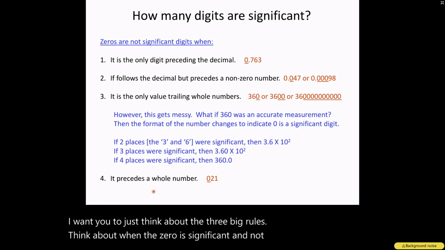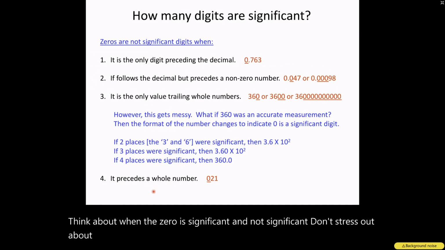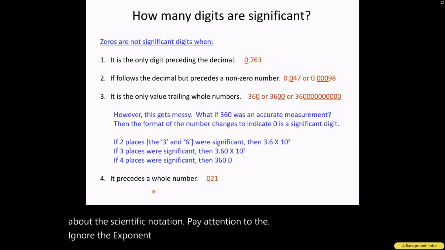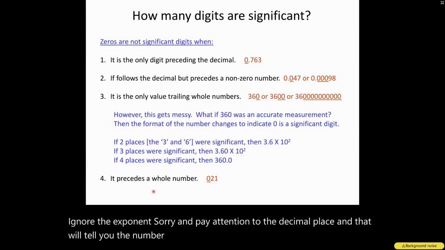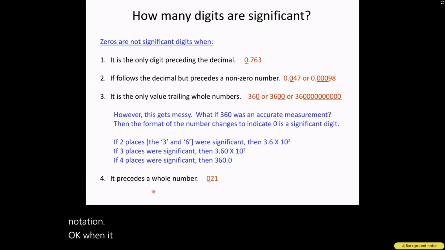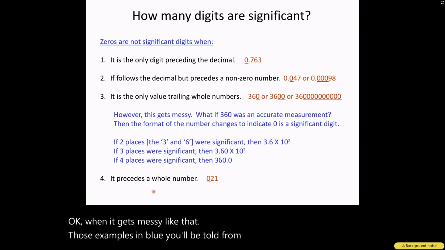Don't stress out about the scientific notation. Ignore the exponent, and pay attention to the decimal place. And that will tell you the number of significant digits, even if it's written in scientific notation. When it gets messy like that, those examples in blue, you'll be told from the context of the story how many significant digits.